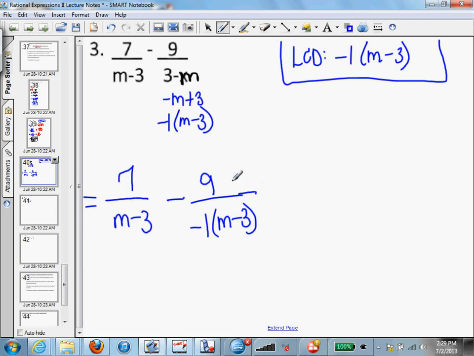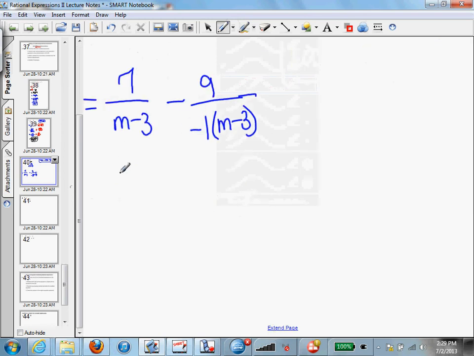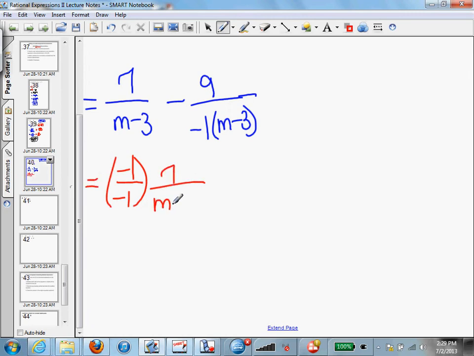Now we want the LCD to have a negative 1 involved. And the way to do that would be to multiply negative 1 over negative 1 times this original quantity, 7 over m minus 3, because it has the m minus 3 but it lacks the negative 1, and minus 9 over negative 1 times m minus 3, and we don't need to multiply by anything because we have our least common denominator.